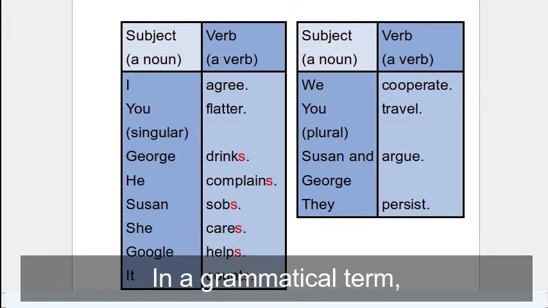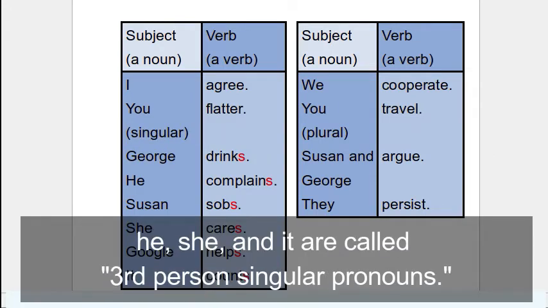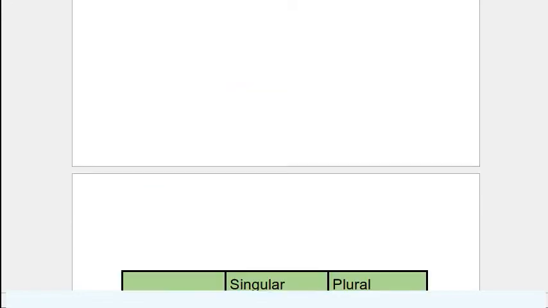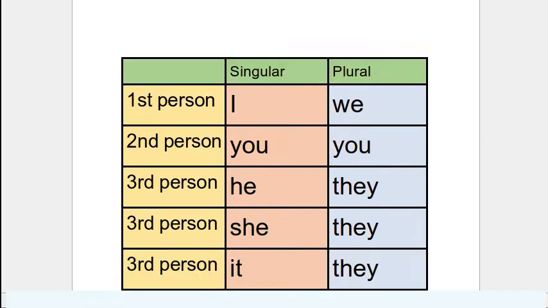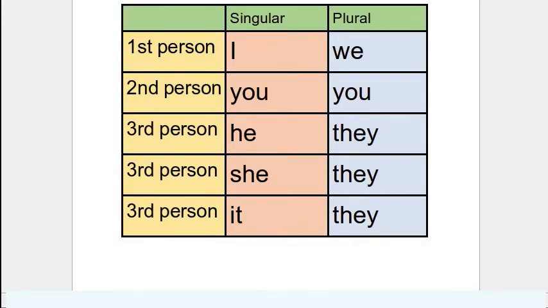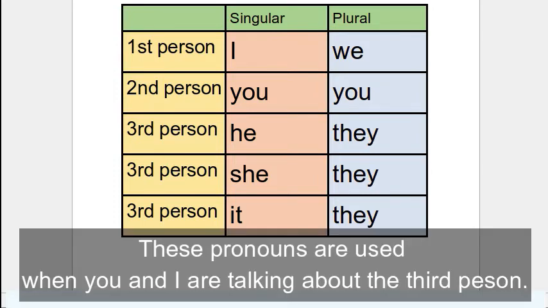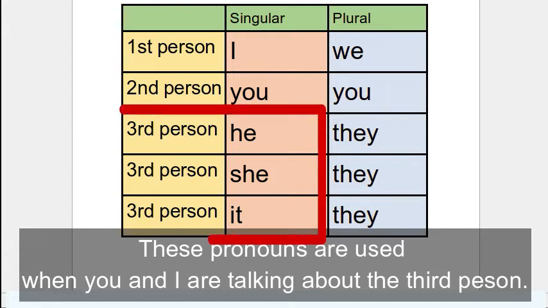In a grammatical term, he, she, and it are called third-person singular pronouns. These pronouns are used when you and I are talking about the third person.